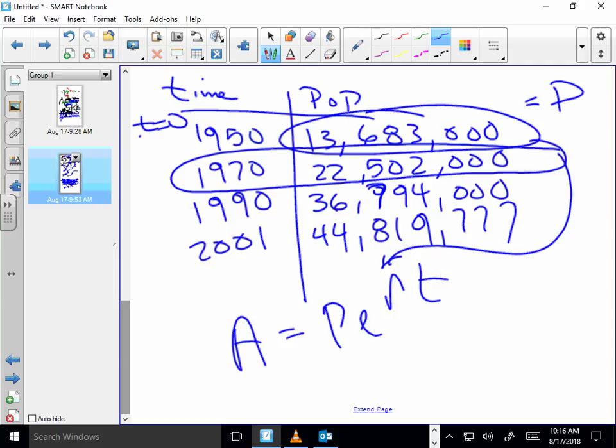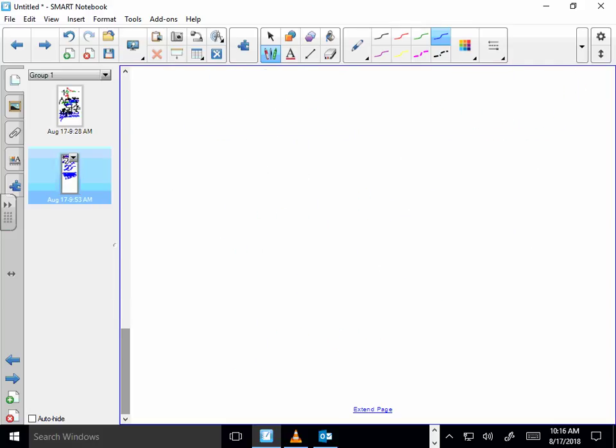Okay. Great. All right. The last thing I want to talk about is half-life. Does anyone remember the shortcut for half-life? Q equals Q sub O e to the kt.